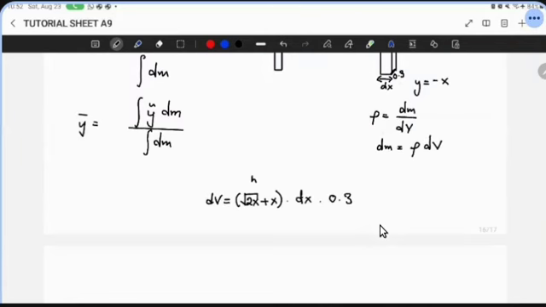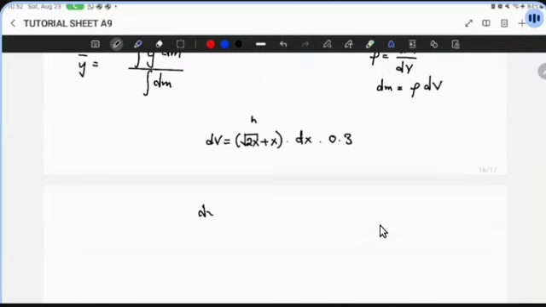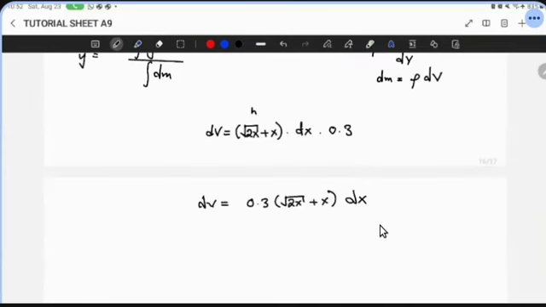So now our dv has turned out to be 0.3 root 2x plus x multiplying dx. This is what our dv has turned out. So dm will now be equal to the density, since remember, dm is the density times dv.